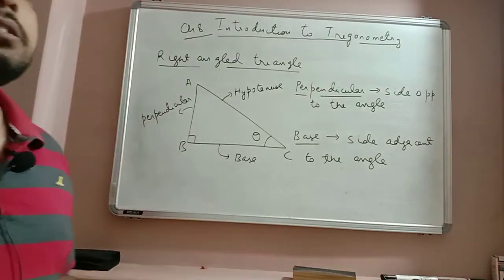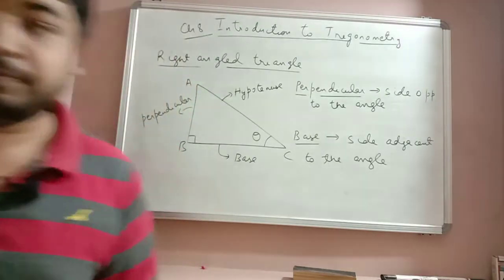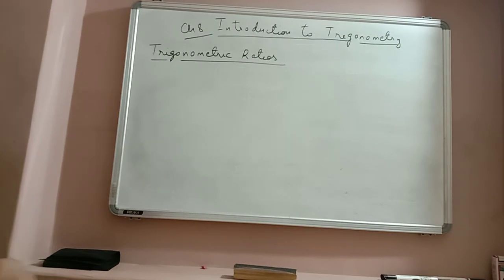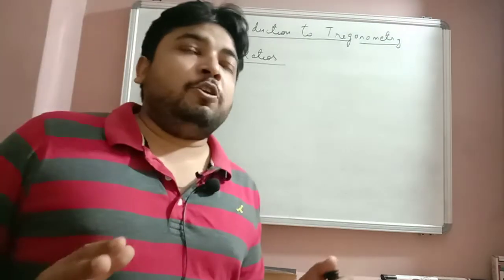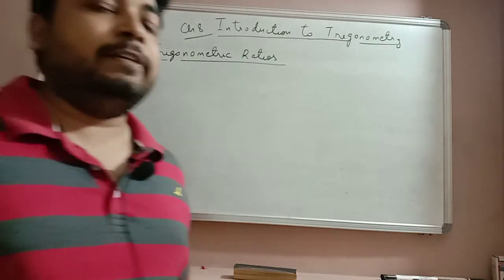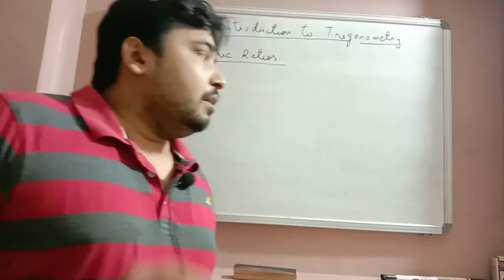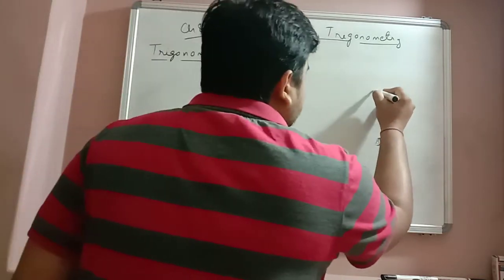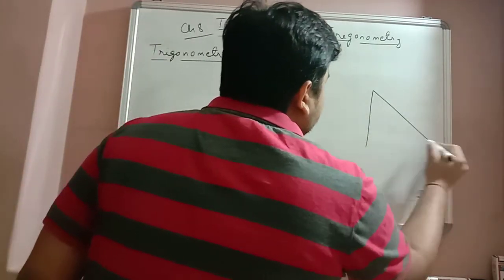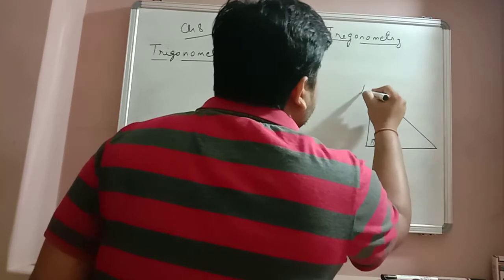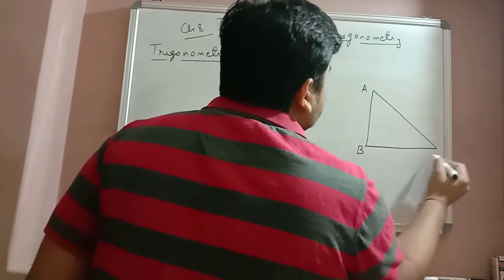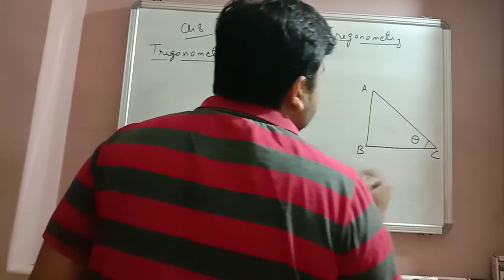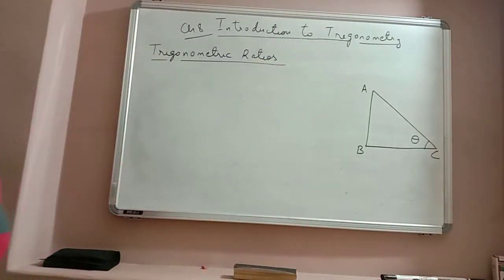Now let us discuss the trigonometric ratios. There are 6 trigonometric ratios which we have to study. For all the trigonometric ratios, I will consider a right angle triangle. Let's say the triangle is ABC, and we will consider angle C, that is theta, as the given angle.